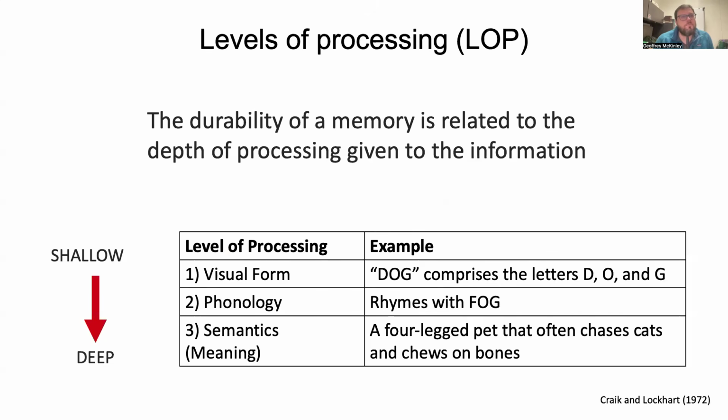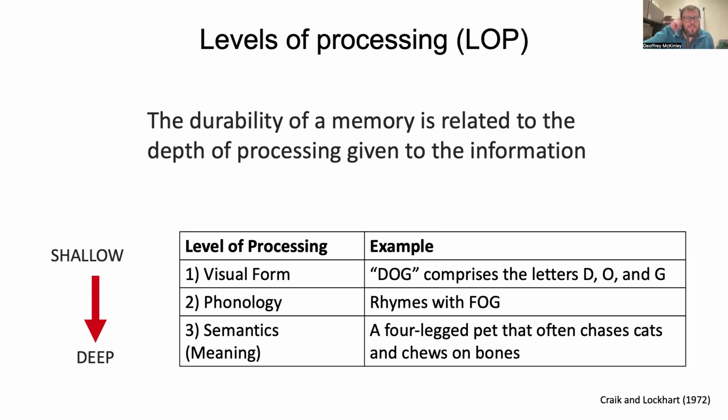So, for example, if I said, is dog in uppercase or lowercase? That's kind of like a visual level of processing, which we would consider shallow, because you don't really need to know anything about dog in order to answer that question, right? And maybe a medium level of processing would be, does dog rhyme with fog?